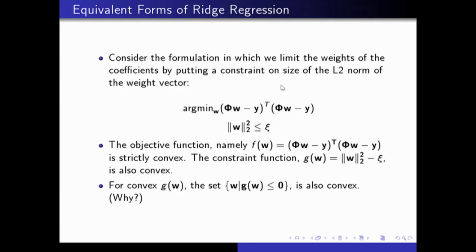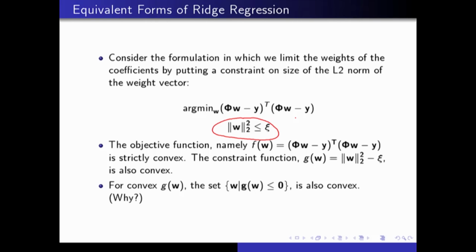We can also make use of concepts of optimizations learned so far to find equivalent forms of ridge regression. So recall that we had one version of ridge regression where we put a constraint on the norm of W, and we wanted to find a transformation from this to the penalized version where there's a penalty on this norm right within the objective.